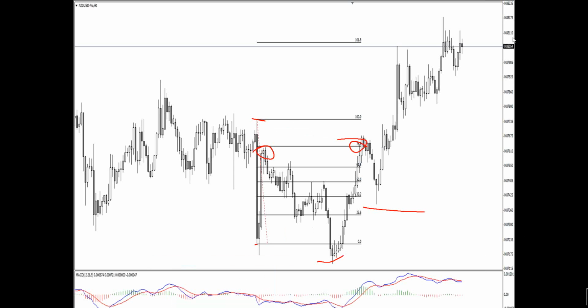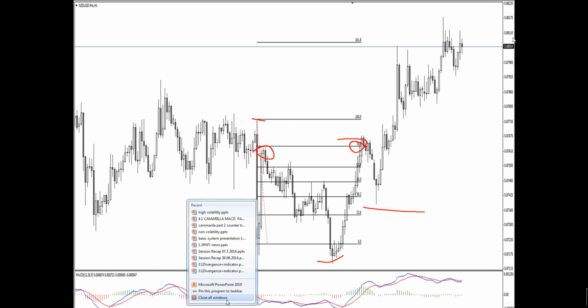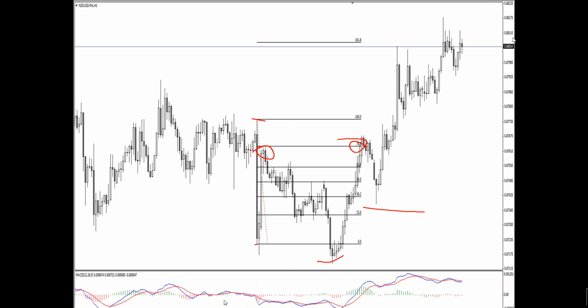Let me find it. Please bear with me a couple more minutes. Okay, high volatility. Yeah, it seems I cannot resume this, and I cannot even close this.